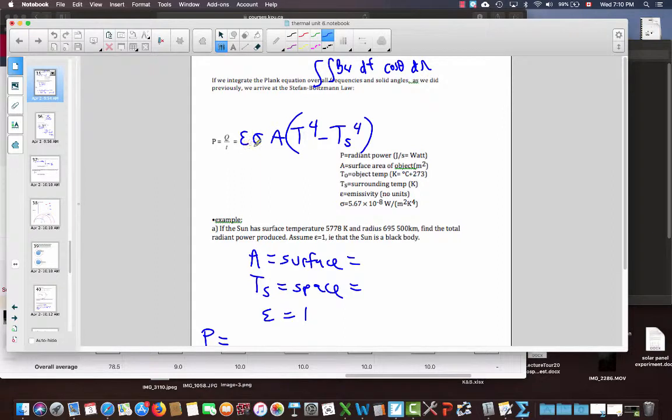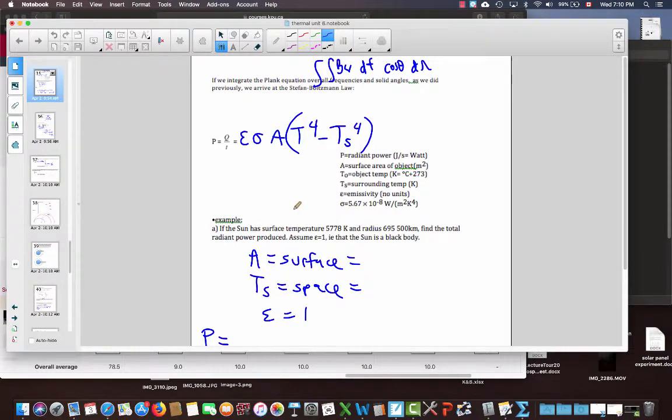This is the total power over all frequencies and over the hemisphere of solid angle, and it depends on the fourth power difference between the temperatures of the object and the surroundings, the surface area of the object, a constant known as Stefan's constant, and the emissivity of the object, which is its efficiency as an absorber and an emitter.